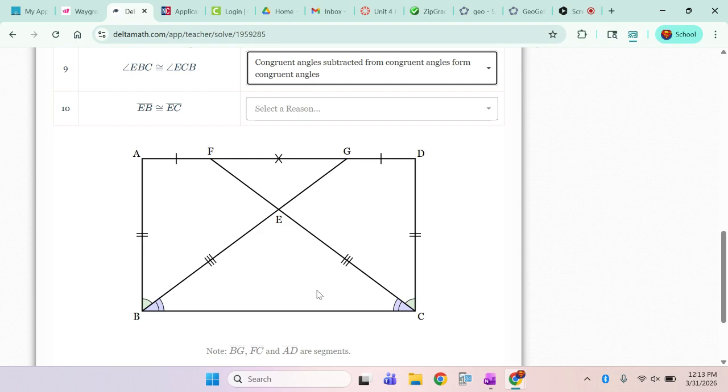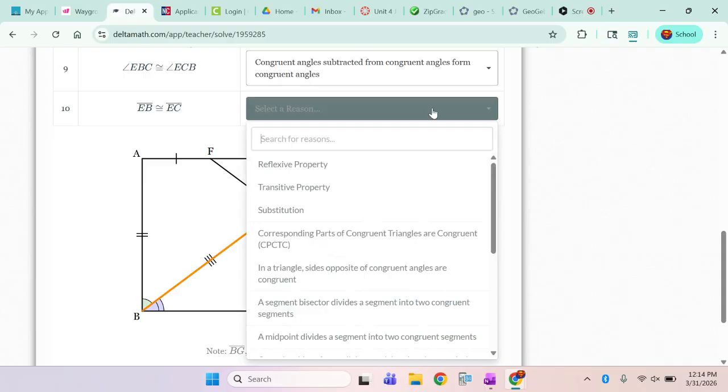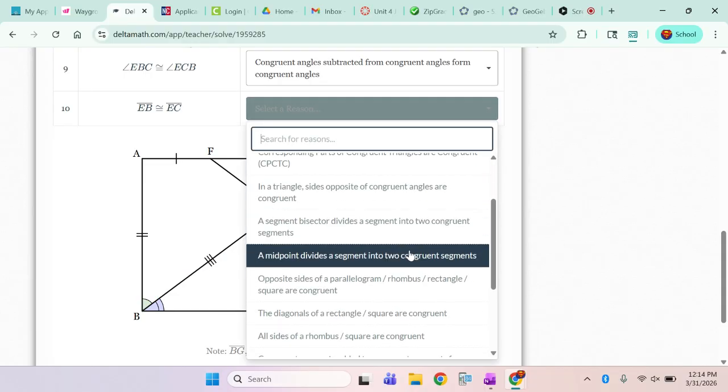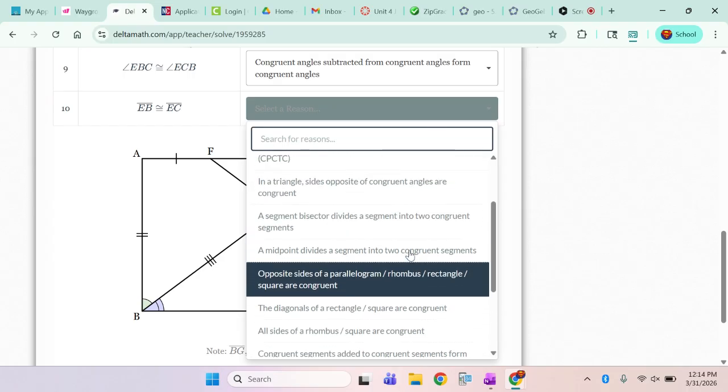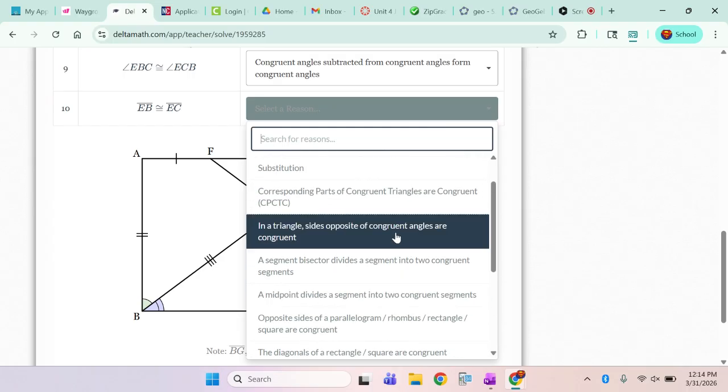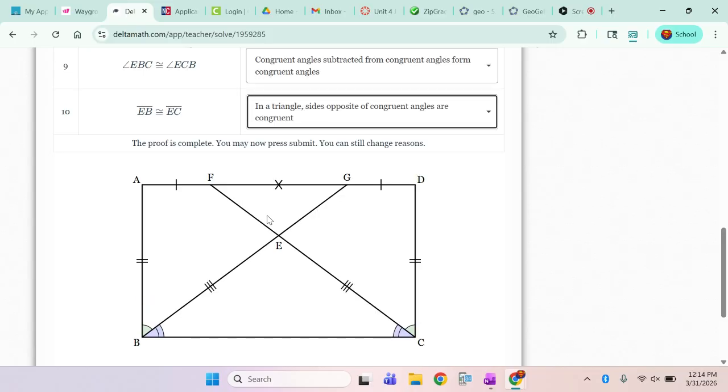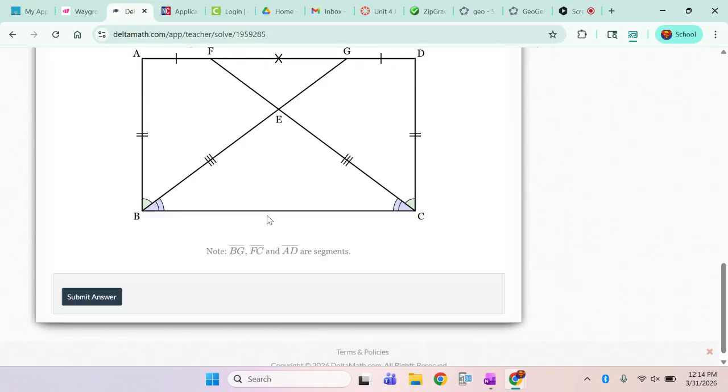It has two congruent sides, two congruent angles. But we had the congruent angles first. So remember, in an isosceles triangle, if you've already shown that two angles are congruent, the sides opposite those angles are also congruent. And that's what you can say here. In a triangle, sides opposite congruent angles are congruent. And that'll be it.